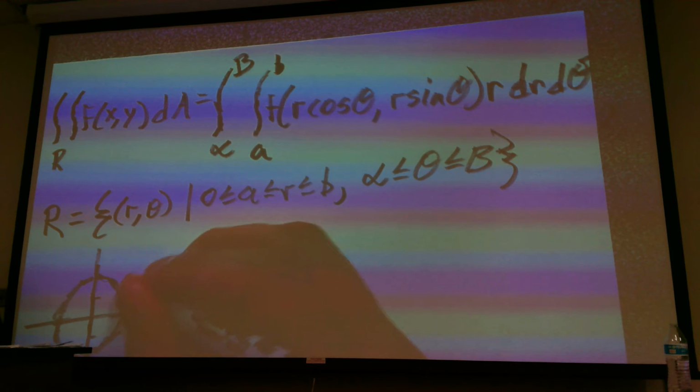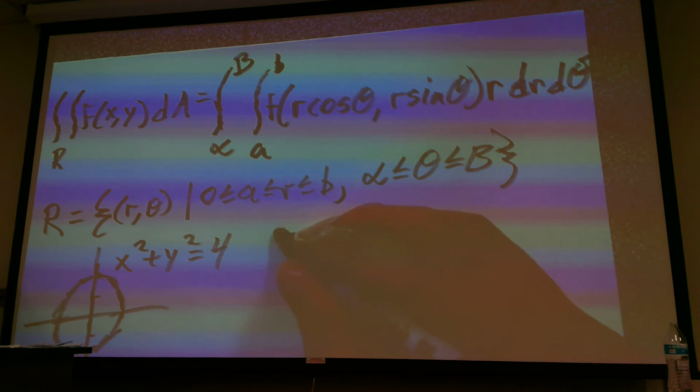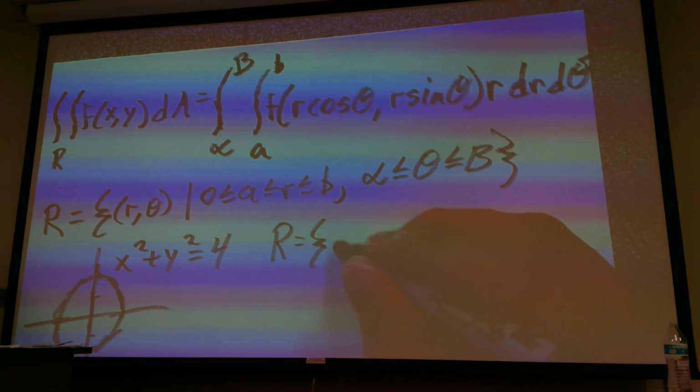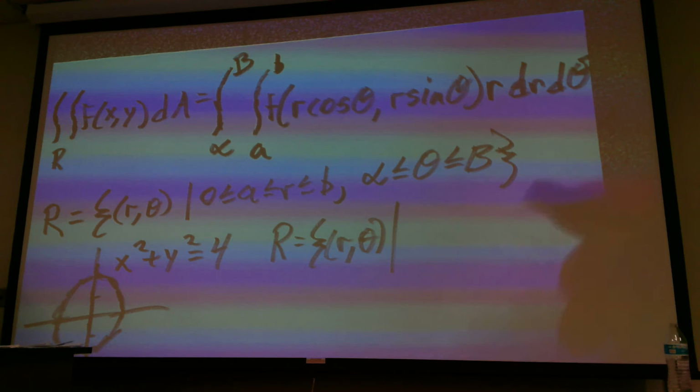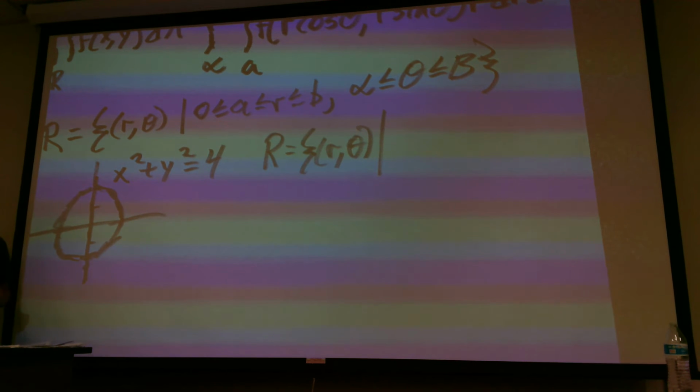So we have that x squared plus y squared is going to equal 4. So if I'm describing this region, probably run out of room, but oh well. Okay, so let's consider this circle right here.